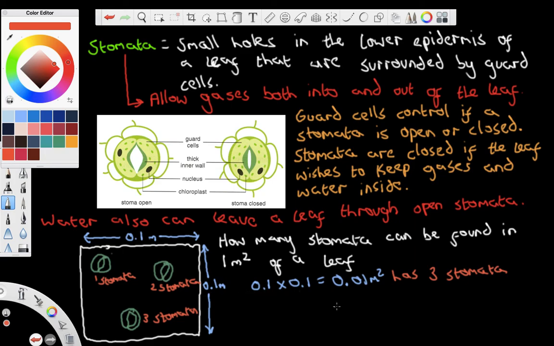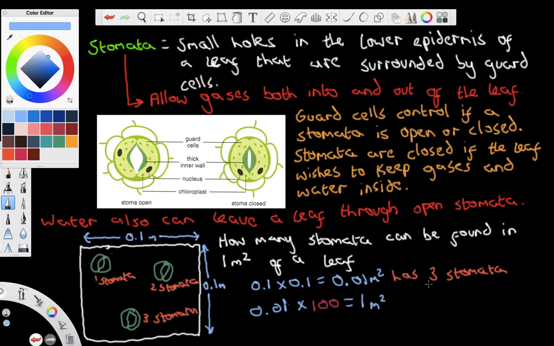So we can take 0.01 and we can times it by 100. The reason we times it by 100 is because that will now give us 1 metre squared.